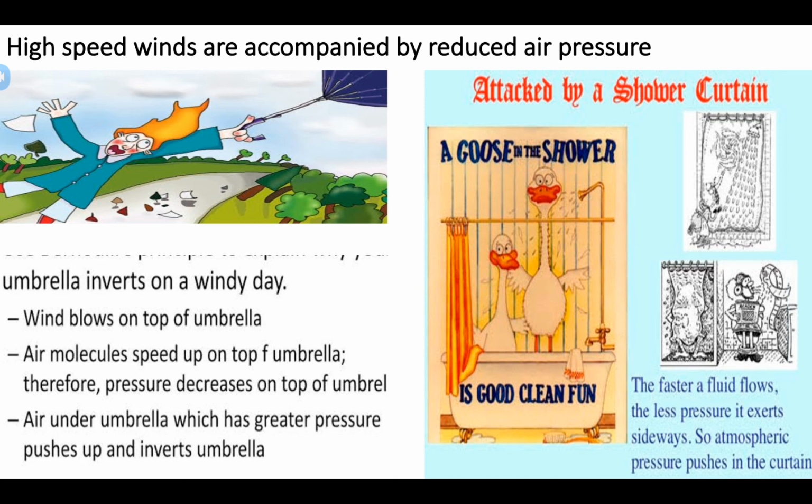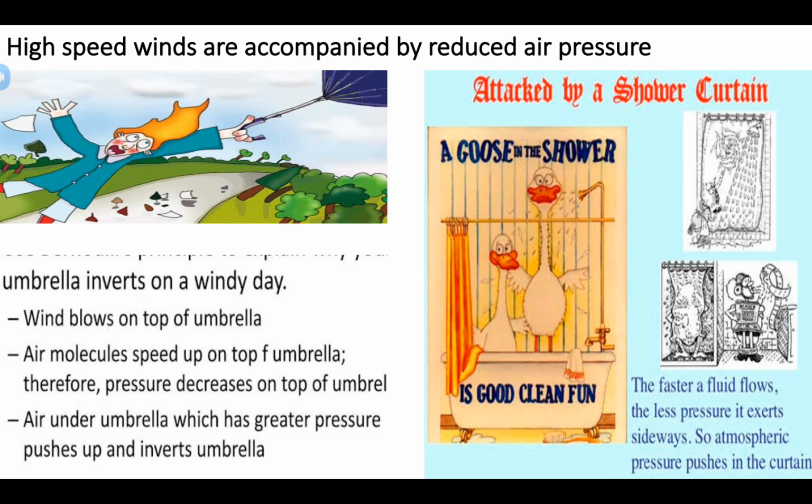So always high speed winds are accompanied by low pressure. The low speed winds under the umbrella exert more pressure. So that's why that more pressure pushes up the umbrella and causes it to invert. That's why you can suffer a big problem. So don't go outside, stay at home during storms and cyclones.